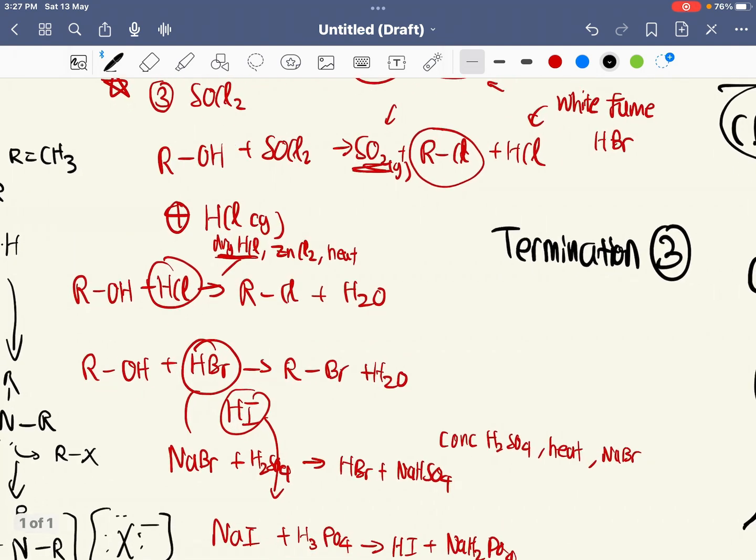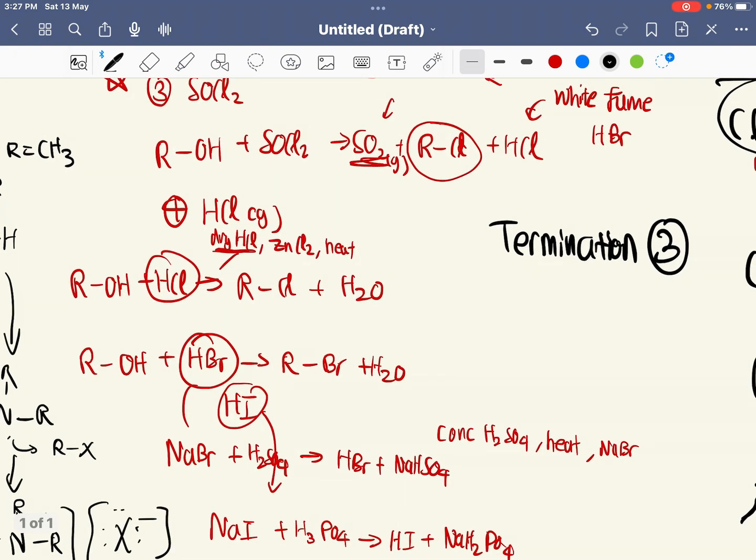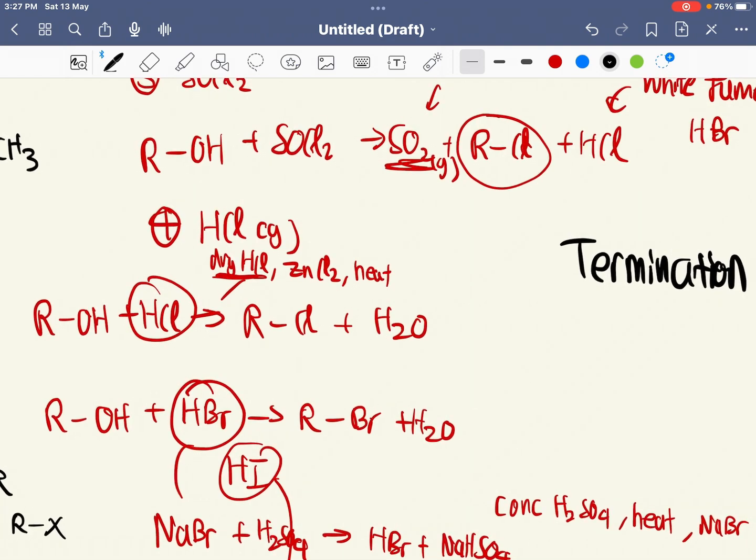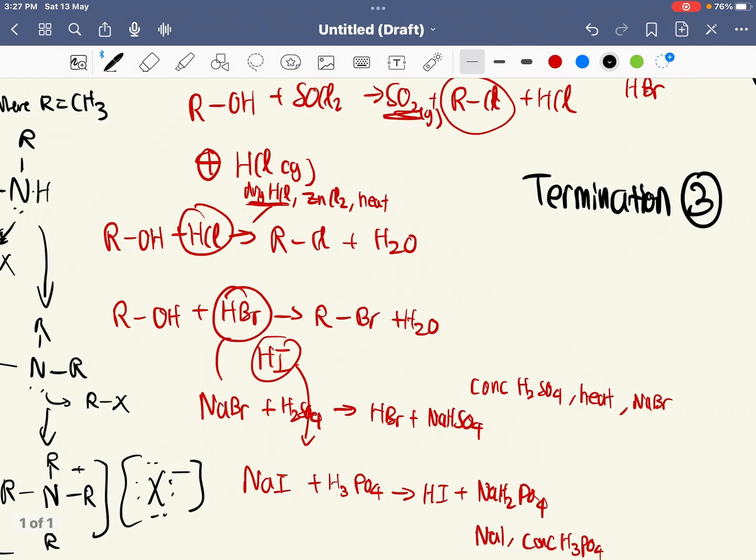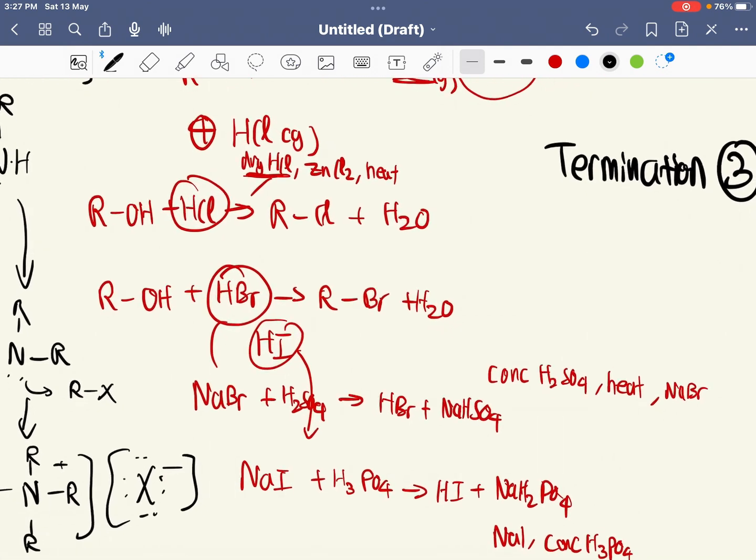Over here, what we want to know is that HCl, hydrogen chloride, is readily available, so they can just straight away use dry HCl. But do know that for HBr and HI, you need to prepare them.